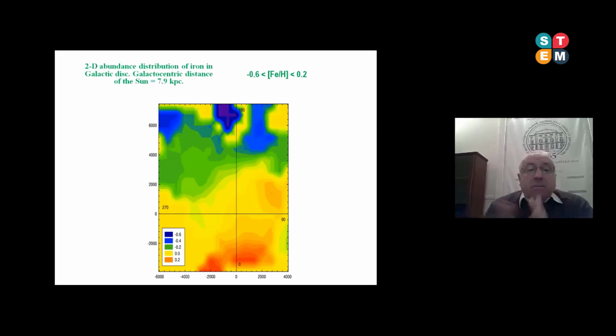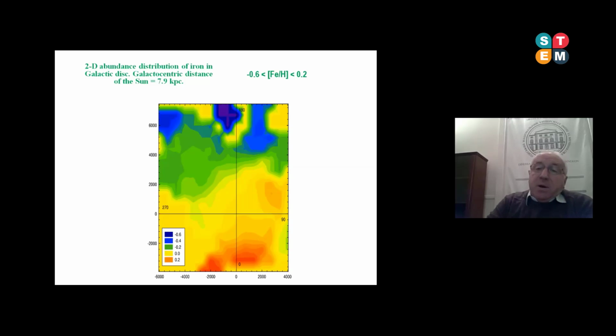So by analyzing this sample of stars, we obtained, as I told you, the distribution in the disk of 25 chemical elements, but we are mainly interested in the iron element. So this is the usual notation, with square brackets. They mean that we use the concentration of iron per concentration of hydrogen, on a logarithmic scale, and this value is normalized to the solar ratio.